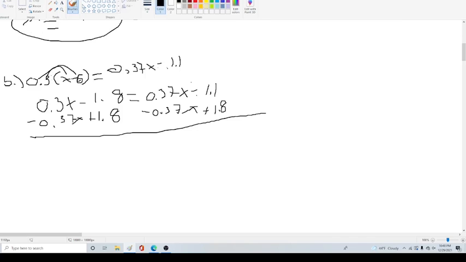So 0.3x minus 0.37x is minus 0.07x. The 1.8's cancel, and that leaves us with minus 0.7x. So we're going to divide by 0.07.